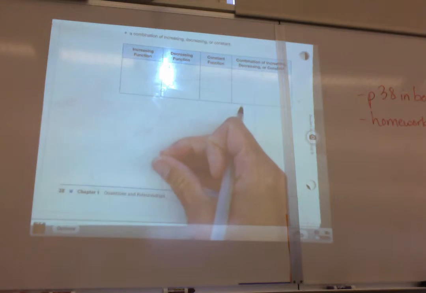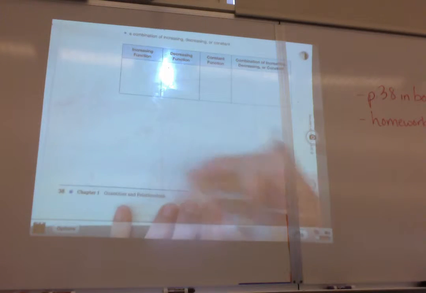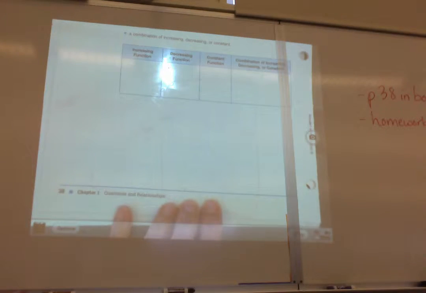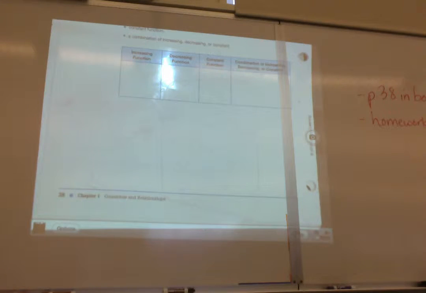Set that graph aside. Does anybody see in the pieces something that's increasing? Can you find an example? A graph that's increasing.